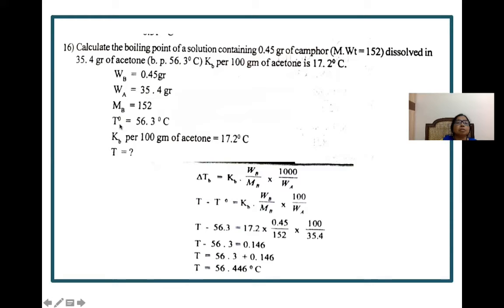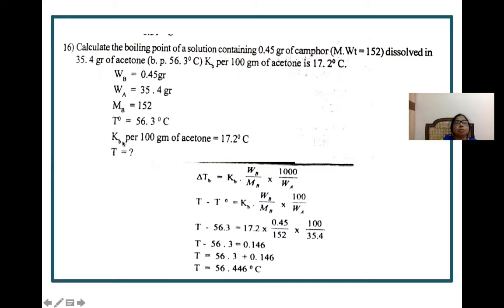Next, T naught is 56.3 degrees centigrade, the boiling point of acetone.